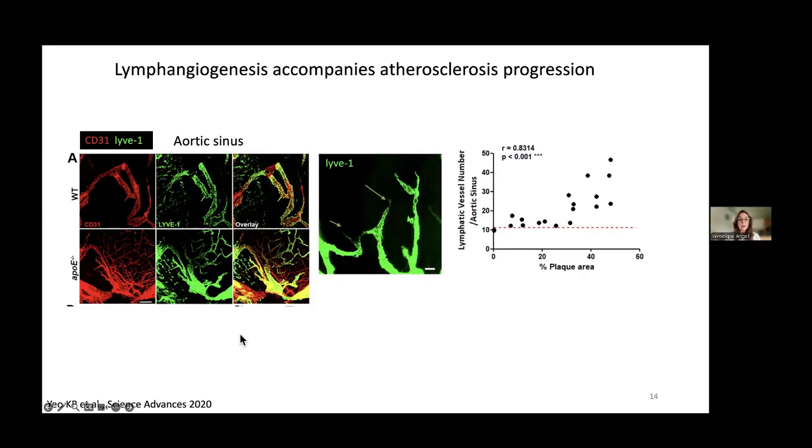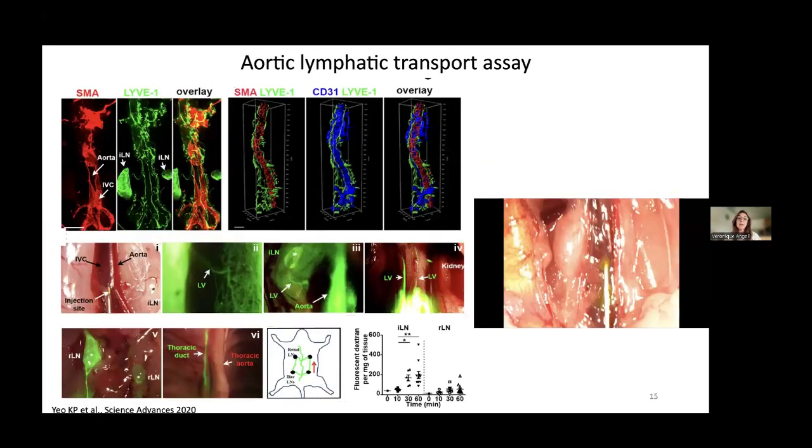So we decided to really assess the lymphatic transport in the aorta. We decided to focus on the abdominal area because we could detect beautiful lymphatic vessels. In this assay, we inject a macromolecule, a dextran, in the adventitia layer and then follow the transport of this macromolecule into the lymphatics down to the draining lymph nodes, which are the iliac and the renal lymph nodes, up to the thoracic duct.